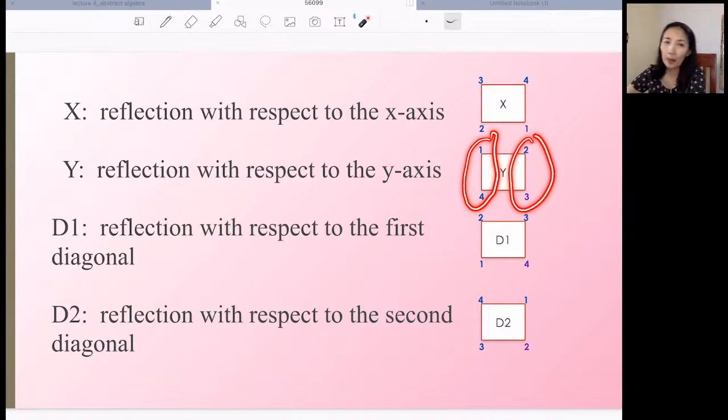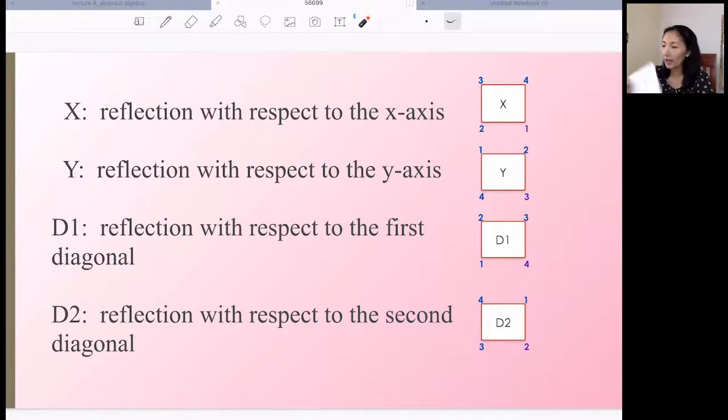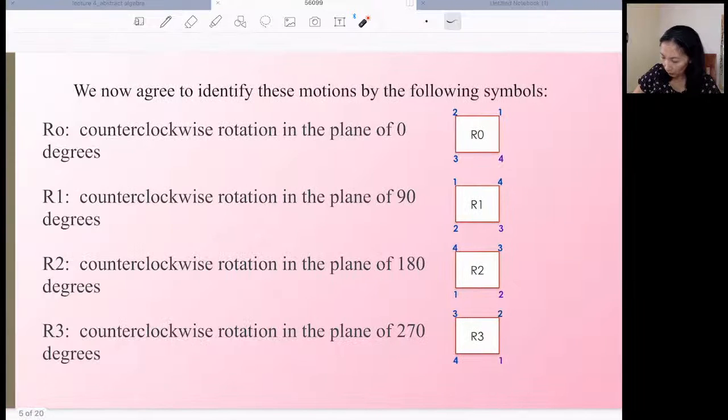Next, how about D1? Diagonal 1. There are 2 diagonals. So, let me draw. There are 2 diagonals of the square, D1 and D2. Okay, so you have 2 diagonals of your square.